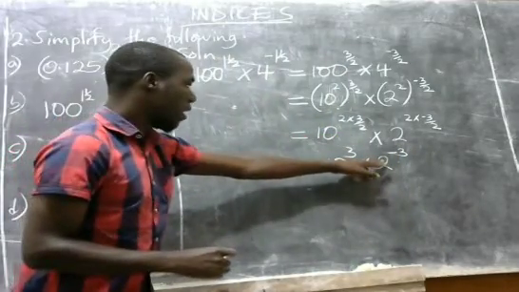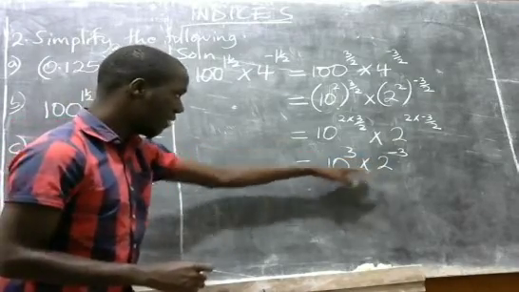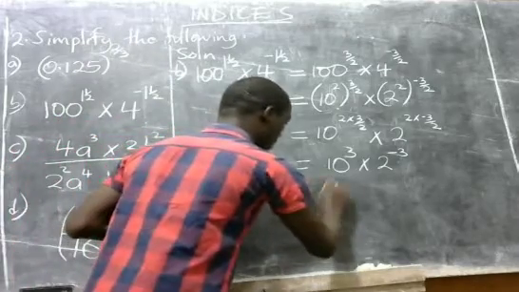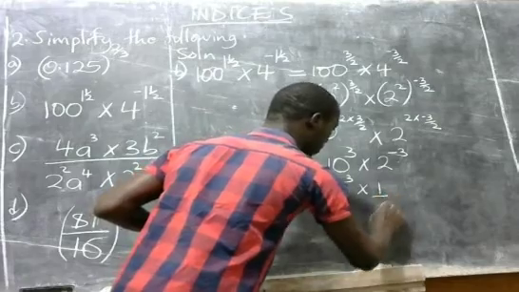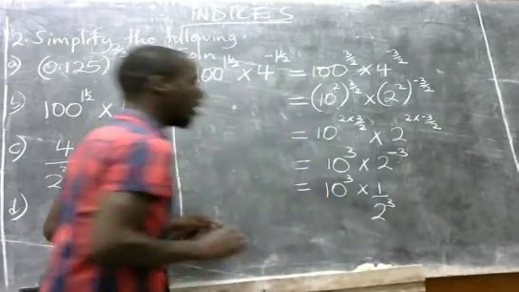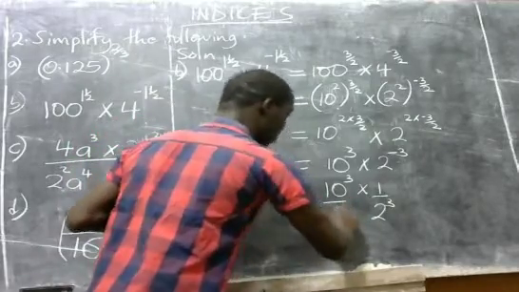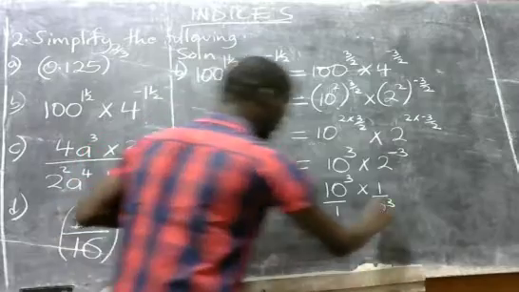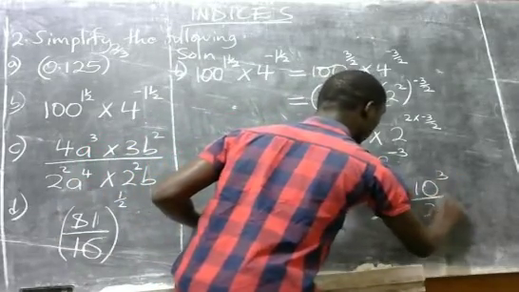Now, if I've been told to simplify, I'm still simplifying. This 2 can go in the denominator by making its power positive, like that. Hope you remember, this 10 is all over 1. So what I get here is 10 power 3 all over 2 power 3.